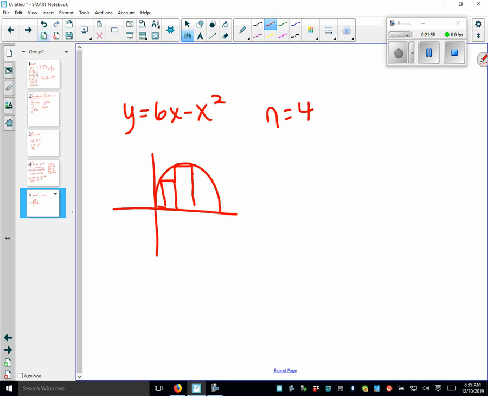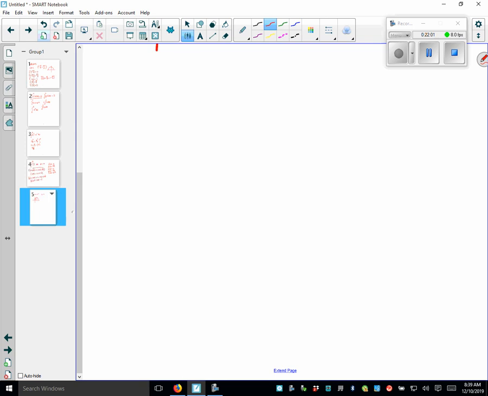The average value of the sine function on the interval from 1 to 3.